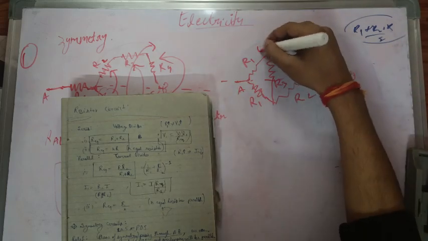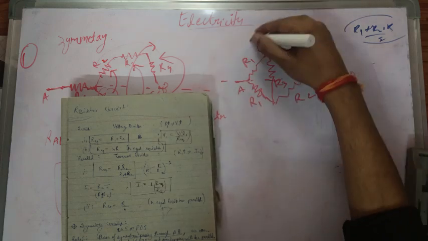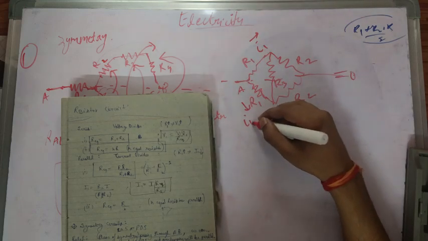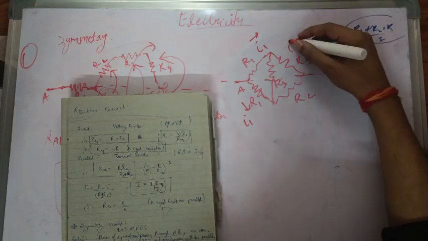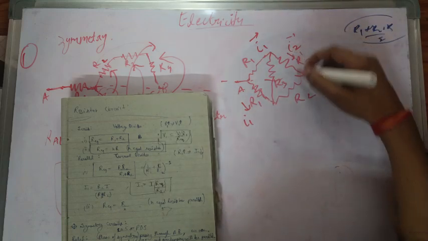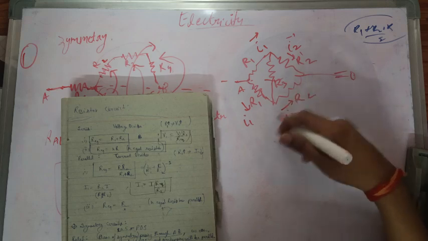So we can say that if I1 current is flowing in this direction, then I1 current will be flowing in this direction because these are symmetrical about this line. And if I2 current is flowing in this, then I2 current is also flowing in this.